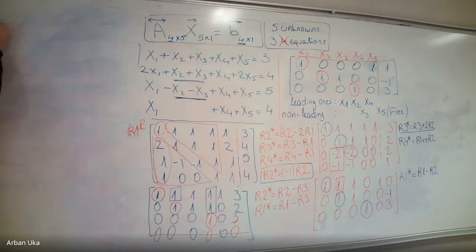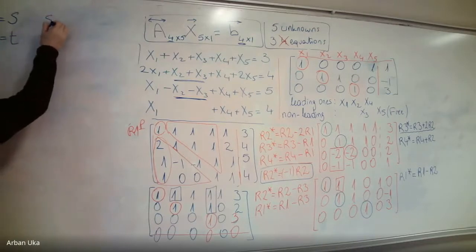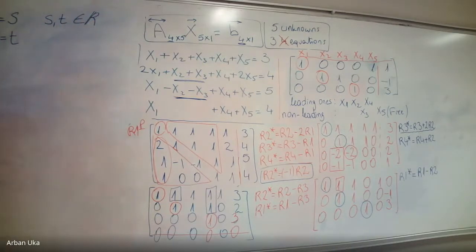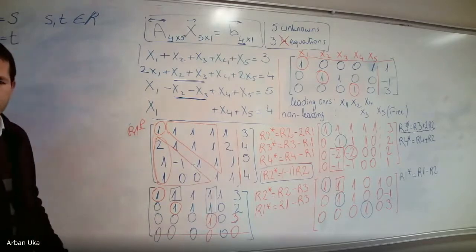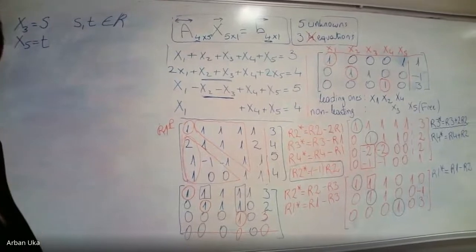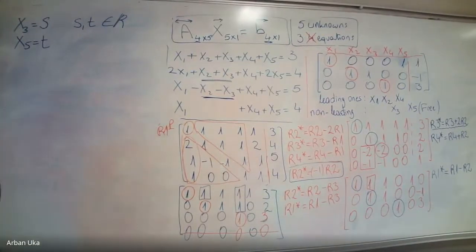We say x3 is equal to s and x5 is equal to t. Now here s and t are real numbers, which means that they can be any number from minus infinity to plus infinity, and they can include also the 0.